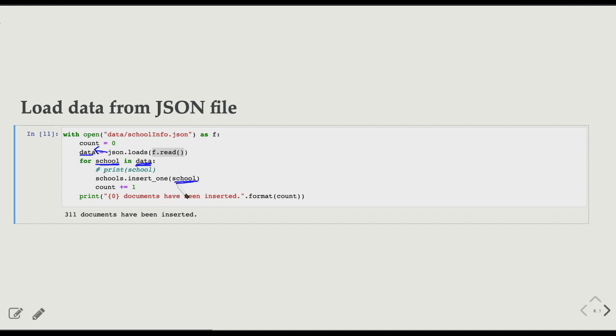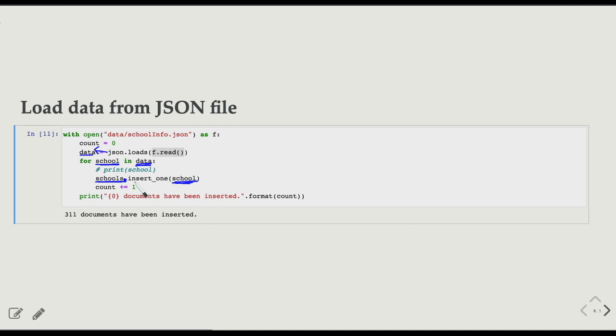We're going to take each university, which again is in a JSON format, and we're going to call the schools variable, which is the collection in MongoDB. Dot insert_one is going to call the insert method to insert one record at a time.